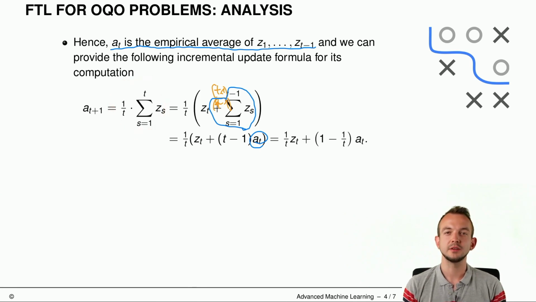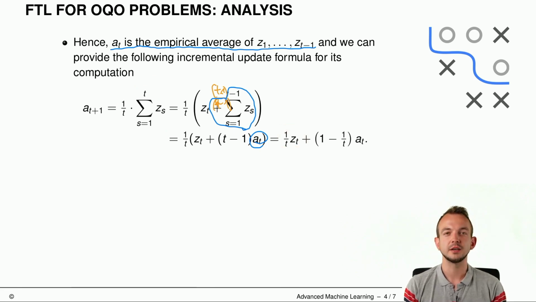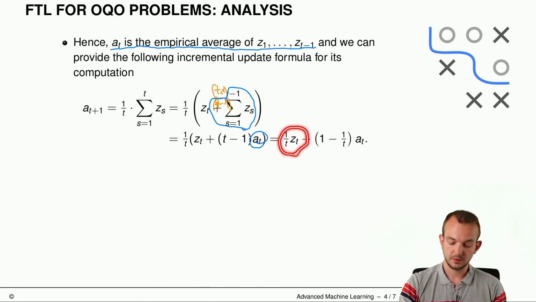But you see, we have here indeed a quite cheap update formula, because it's exactly of that kind as we want. It's essentially only depending on the most recent environmental data point and something we need to store anyways, namely the action we used before.